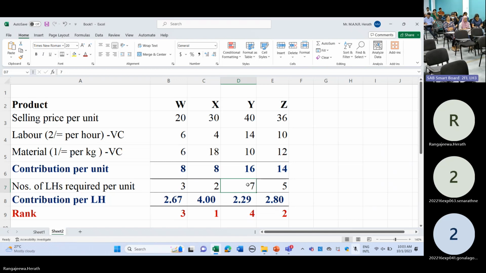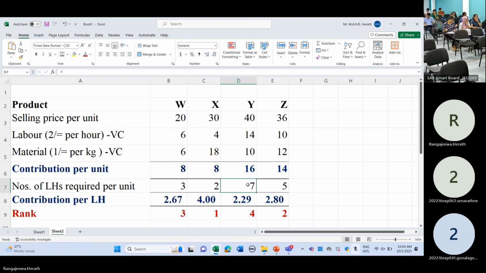So you have to select the production based on highest contribution per limiting factor. Here the limiting factor is labor. Now we rank it. Then we go ahead with the best production mix. Now can you find how we should produce the product? Each product demand is 5,000.